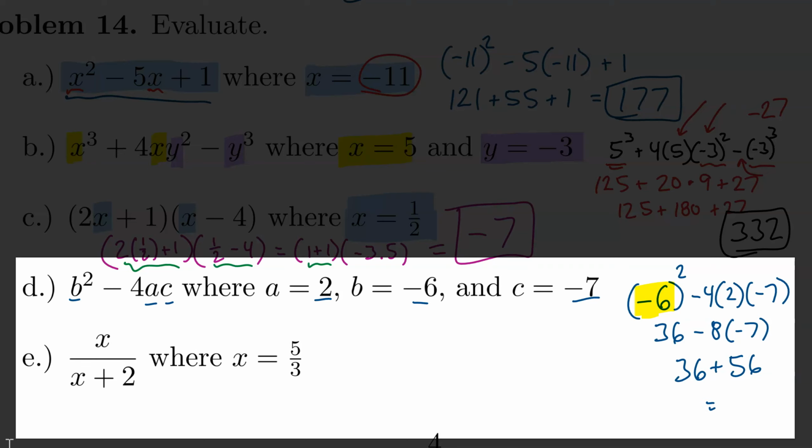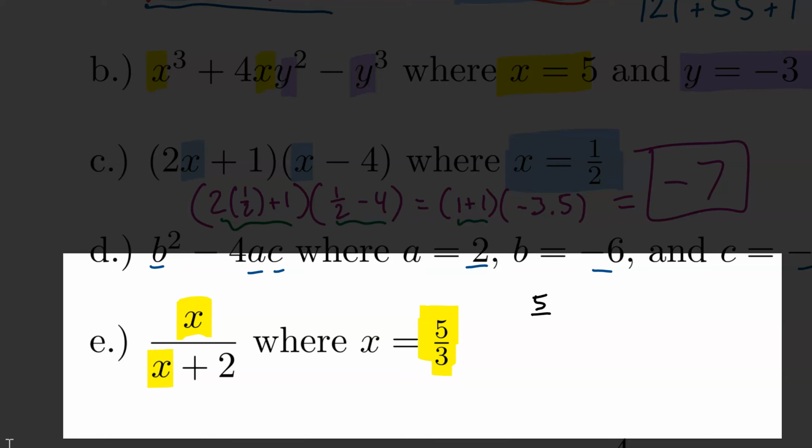And finally, our last example might seem a little bit intimidating, but it's actually not too bad. I need to replace each of these x's inside the fractional expression with a fraction, 5 over 3. So when I do that, I get a complex fraction, 5 over 3 divided by 5 over 3 plus 2.